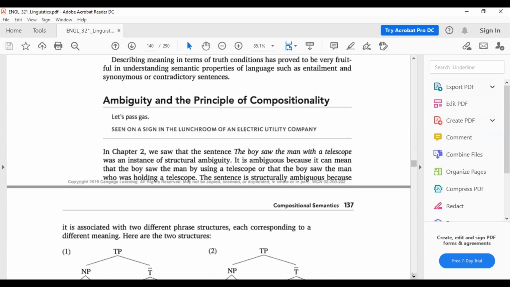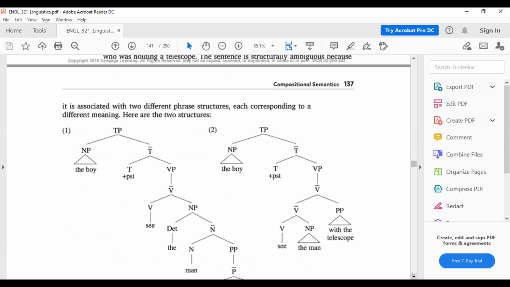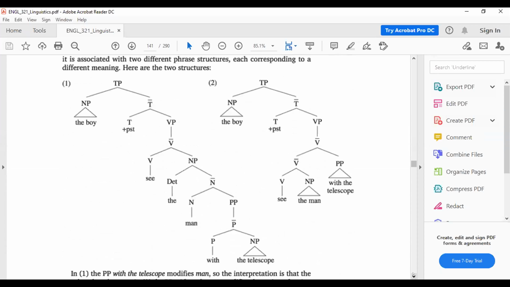So we are going to skip ambiguity and the principle of compositionality because we already discussed this. The boy saw the man with the telescope. This is an ambiguous sentence.